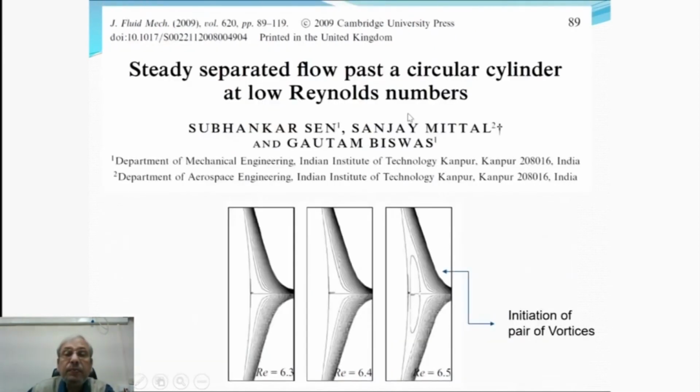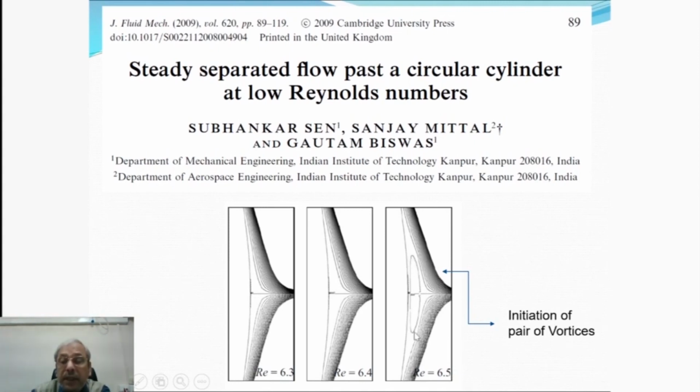As such, I can show you some of our computations here at IIT Kanpur, which were published in the Journal of Fluid Mechanics. We found out when this initiation of vortices, or the discernible vortices, appears.